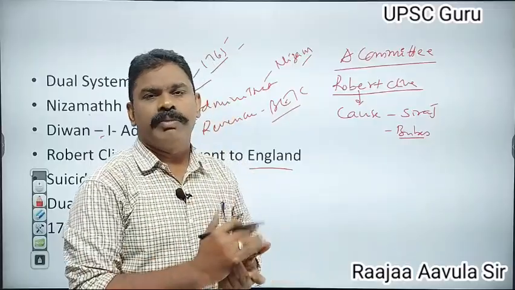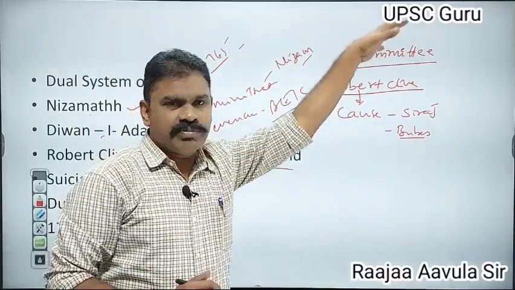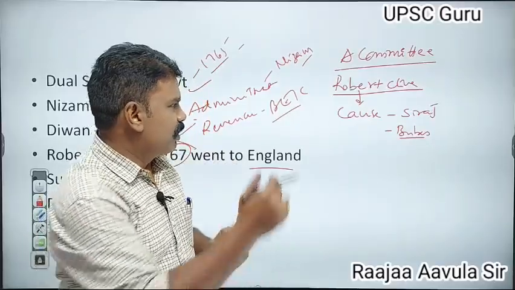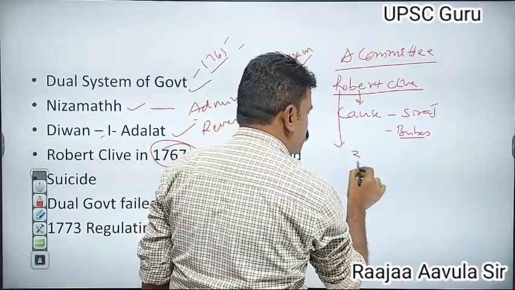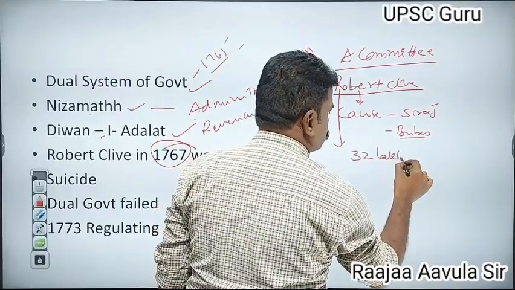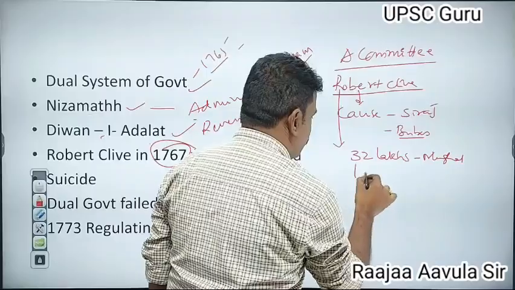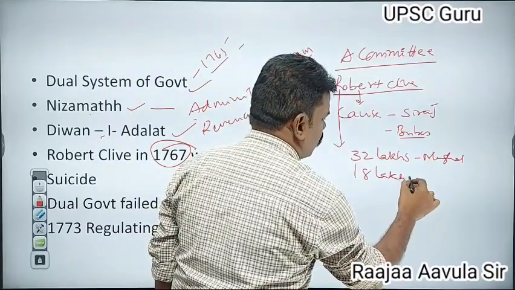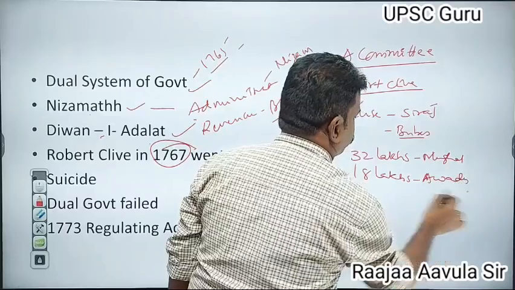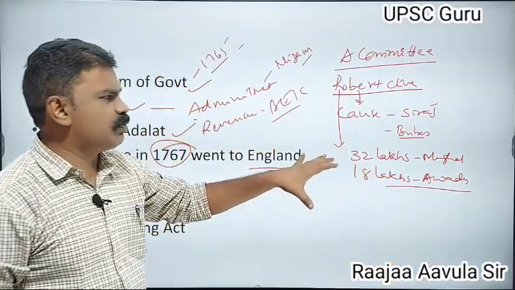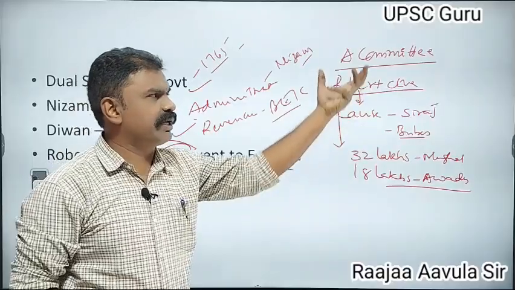Because of these activities, Robert Clive also accepted to give 32 lakhs rupees per annum to the Mughal Emperor and 18 lakhs rupees per annum to the Awadh Nawab, Shuja Uddawla. This was also the biggest burden to the British East India Company. All these were known by the committee.